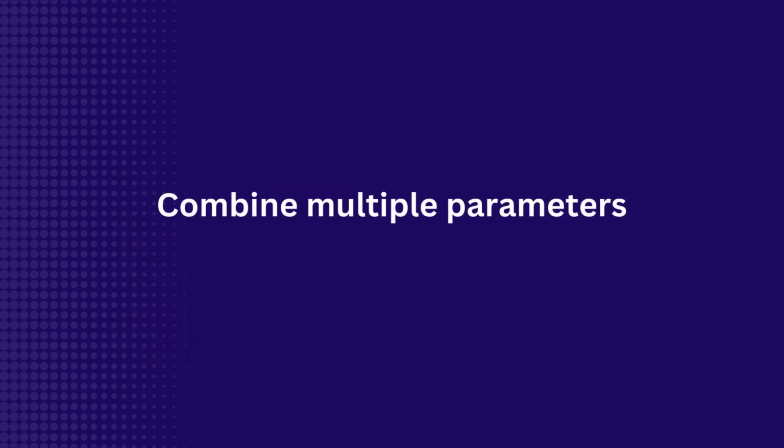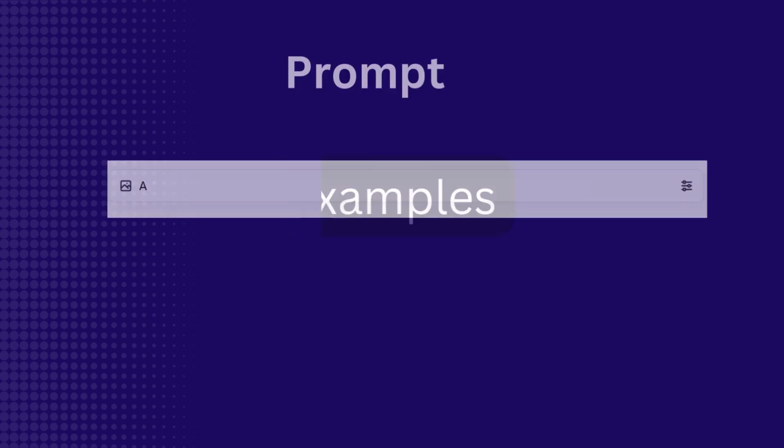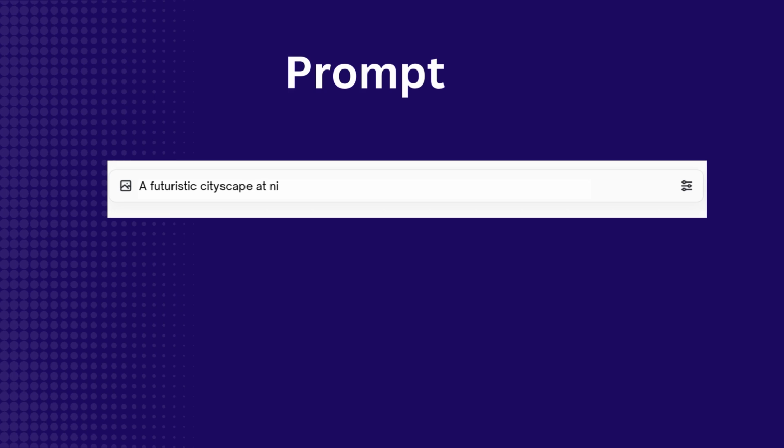One of the best aspects of Midjourney is the ability to combine multiple parameters within a single prompt. Examples. Prompt: a futuristic cityscape at night with neon lights and flying cars, --ar 16:9 --q 2 --stylize 250 --chaos 7.